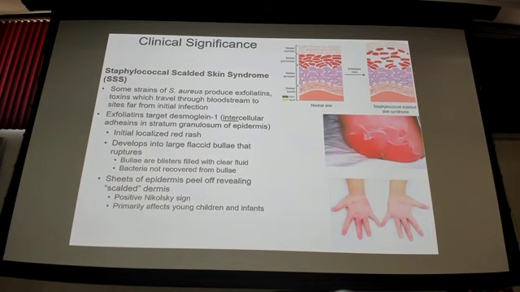What happens is you get strains of Staphylococcus aureus that produce exfoliative toxins, exfoliatins, and these exfoliatins are basically proteases. Proteases do what in general? They degrade protein targets. Specifically, these exfoliative toxins will target desmoglein-1, which is an adhesive molecule that is important in the stratum granulosum of your epidermis.